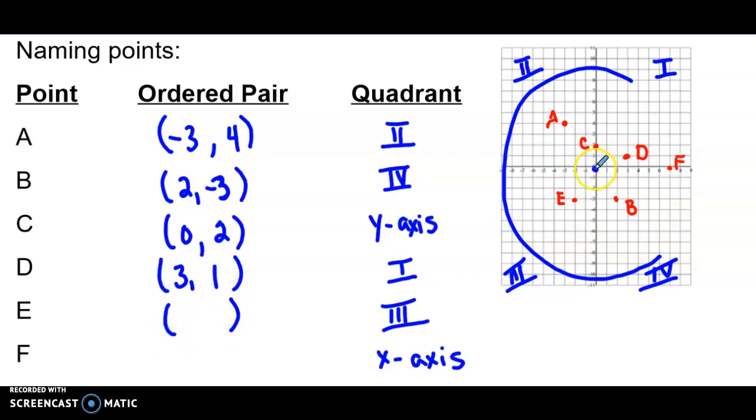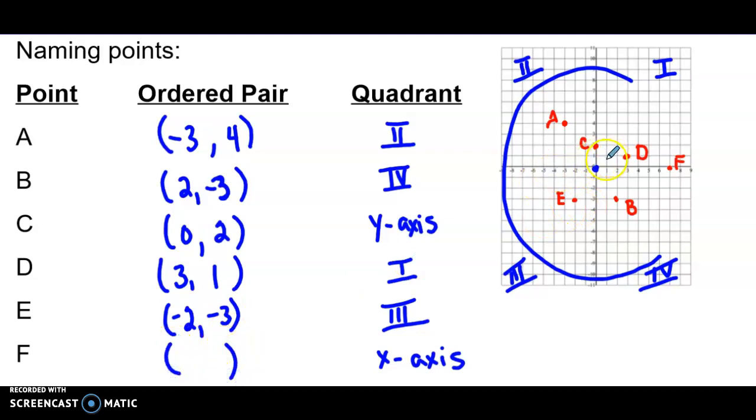All right, let's get the ordered pair for point E. We're going to start at the origin and go to the left 1, 2 units. Since we went to the left, it's -2. Then we're going to go down 1, 2, 3 units, and that's -3 since we went down.